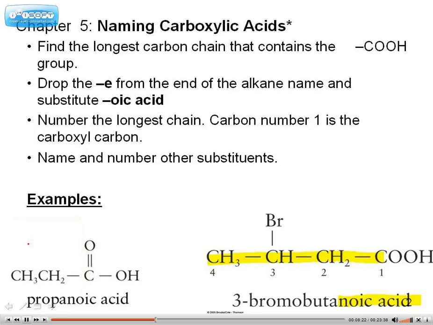I'll only give you other branches or substituents, or functional groups that have prefix names. So for example, I could easily give you something like bromine, since that's a prefix name. So in this case, carbon 1, carbon 2, carbon 3, this is 3-bromobutanoic acid.